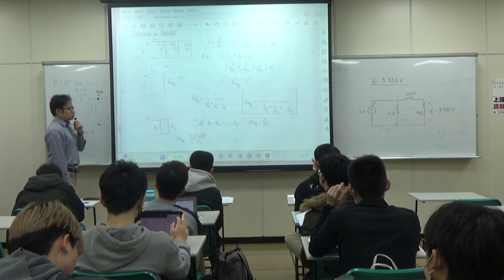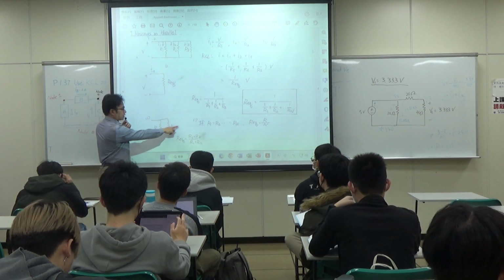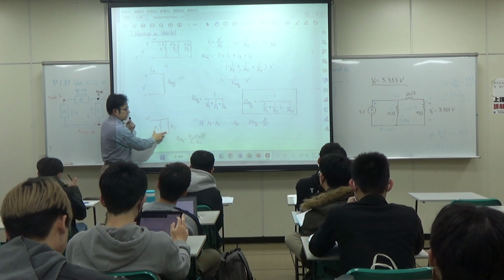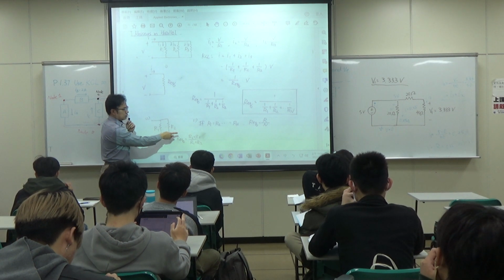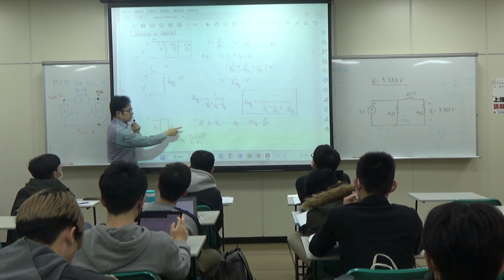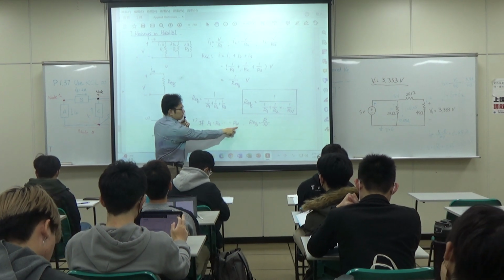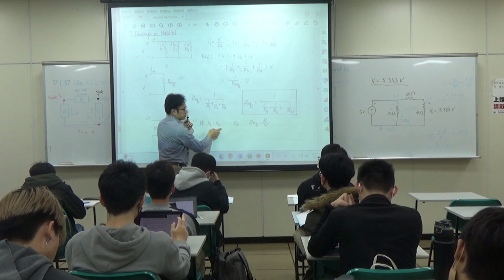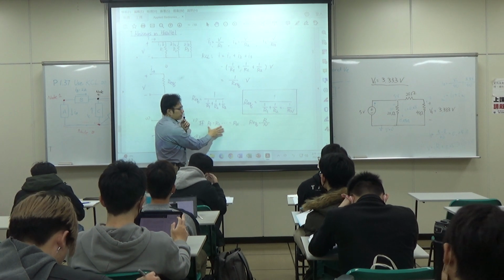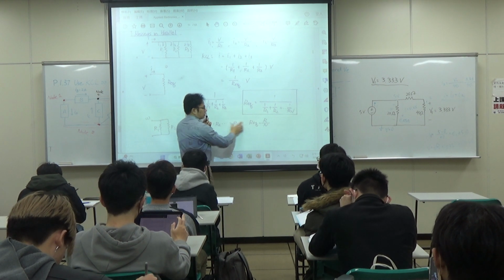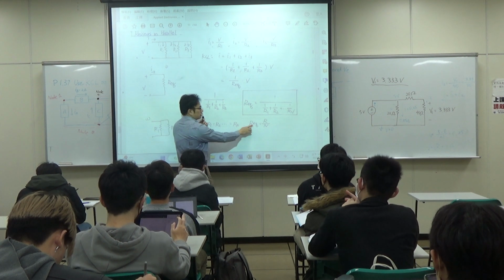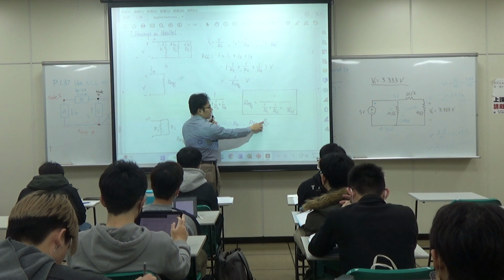If there are n resistors that are all equal and in parallel, the equivalent resistance is just R over n.